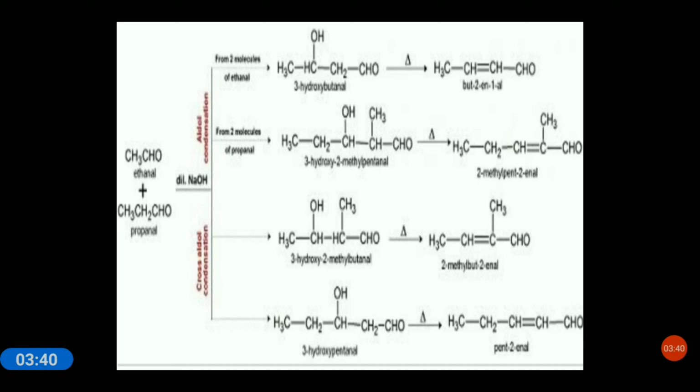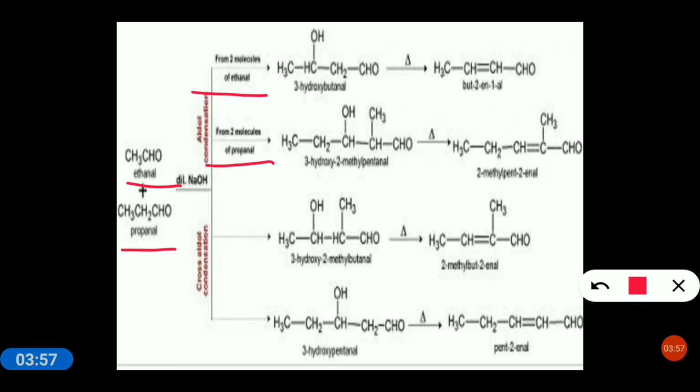When you take ethanol and propanol, two different aldehydes, there are two products of the self aldol: when ethanol reacts with ethanol, and second when propanol reacts with propanol.